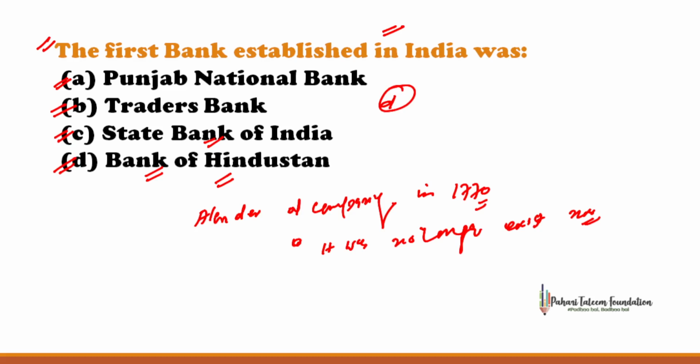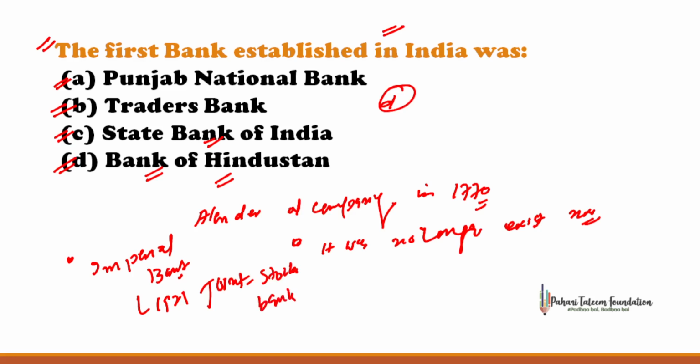Okay, so if we look at the Imperial Bank, there is some other bank in India, that is the Imperial Bank. The Imperial Bank was formed in 1921 as a joint stock bank by amalgamating the Presidency Banks of Bombay, Calcutta and Madras.